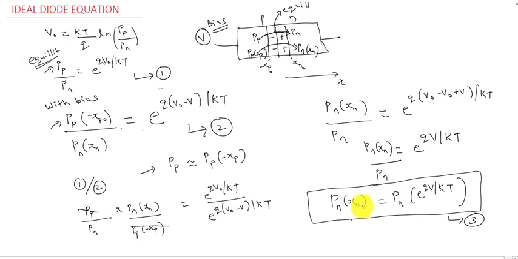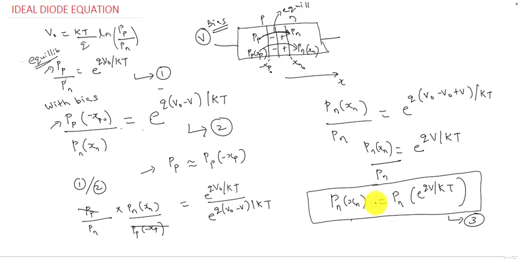Pn of Xn means the biased value of holes, or the biased value of minority carriers. Pn is the minority carrier under equilibrium condition, and Pn of Xn is the minority carrier under bias condition. So this equation represents minority carrier injection, and from this equation we can say that the value of Pn of Xn is much increased compared to the equilibrium value.